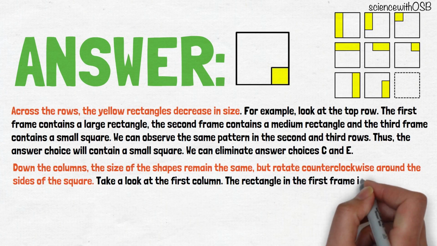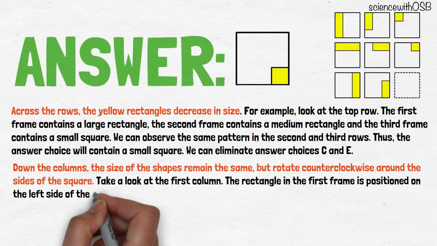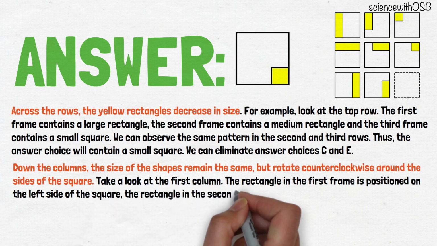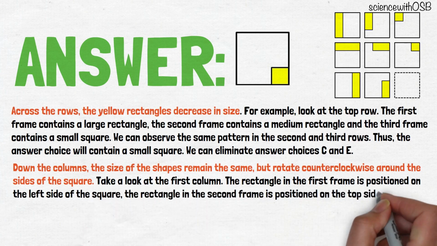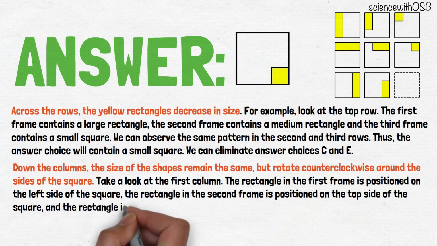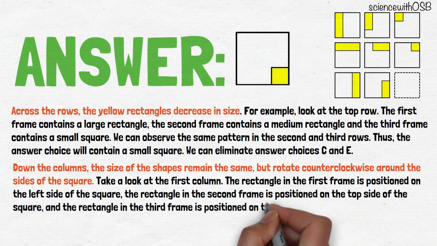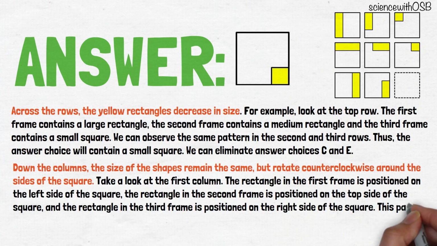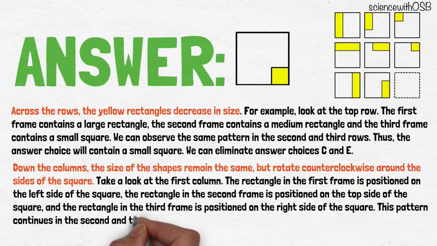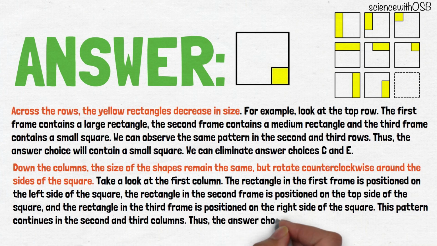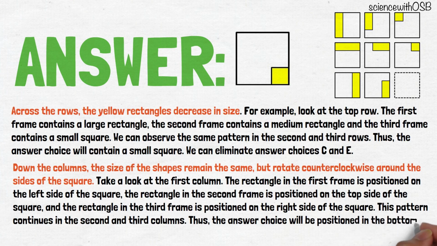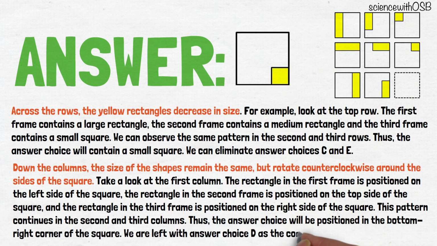The rectangle in the first frame is positioned on the left side of the square, the rectangle in the second frame is positioned on the top side of the square, and the rectangle in the third frame is positioned on the right side of the square. This pattern continues in the second and third columns. Thus, the answer choice will be positioned in the bottom right corner of the square. We are left with answer choice D as the correct answer.